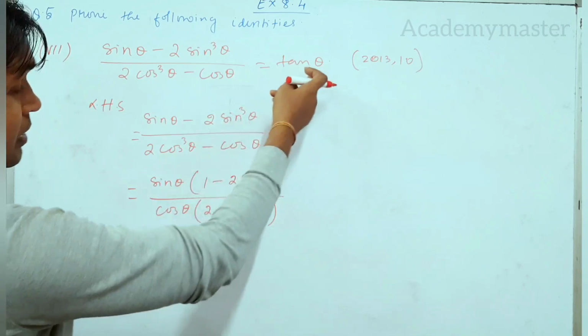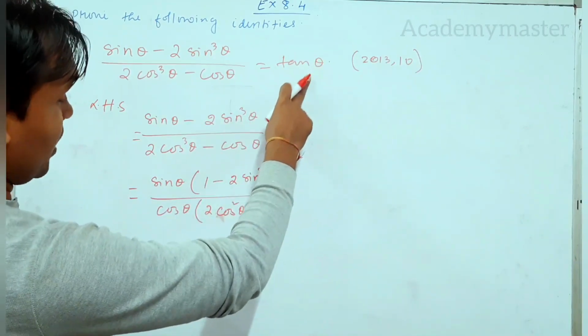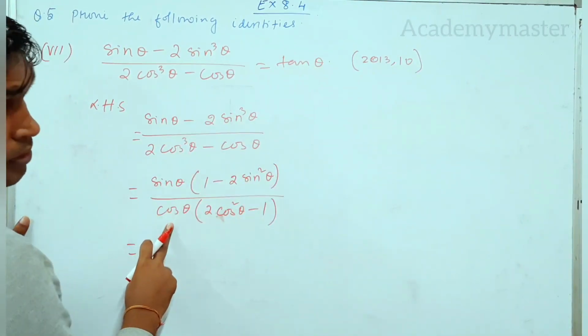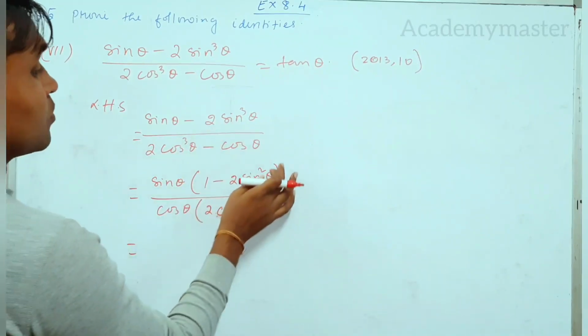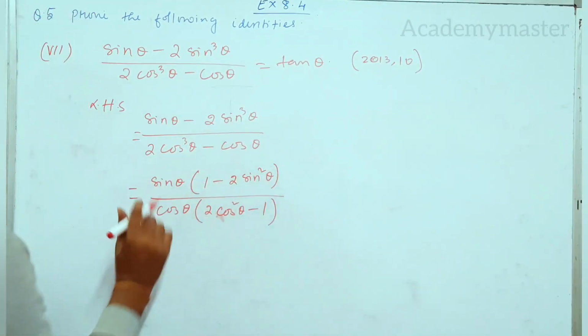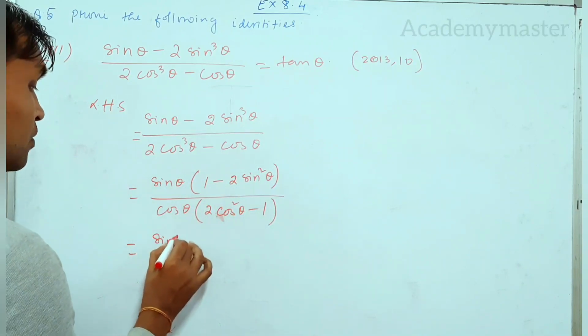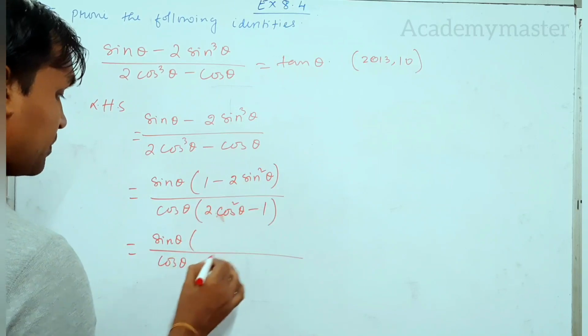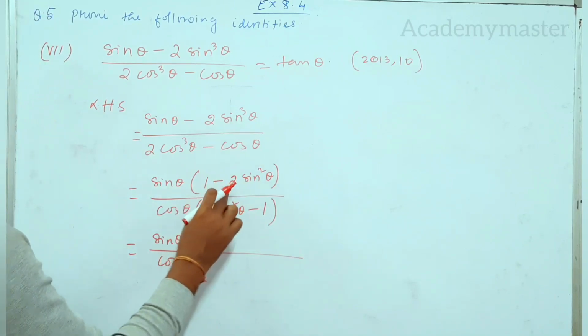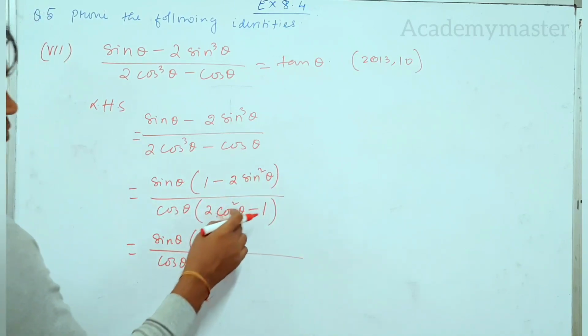You have to always keep in your mind what the RHS is: tan theta. So sin theta by cos theta we are already getting, it will give us our tan theta. So whatever changes you want to do, you have to do it here. This one don't touch it. Now you see here it is 1 minus sin square theta, here is 2 cos square theta.